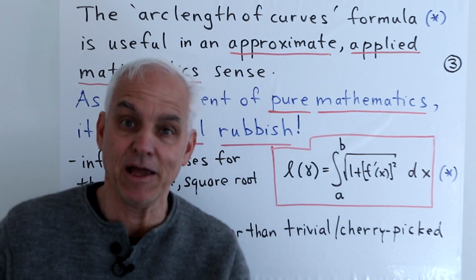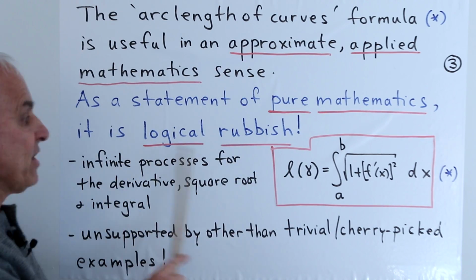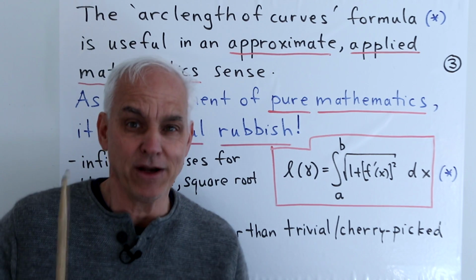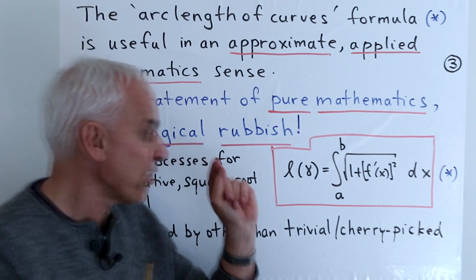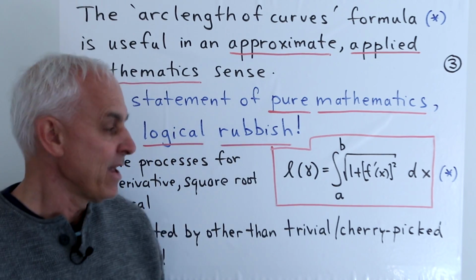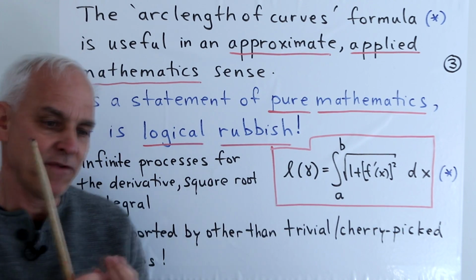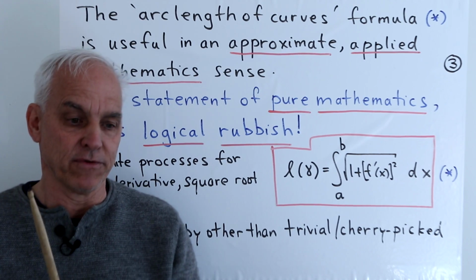But in the pure direction, as a statement of pure mathematics, this is actually logically rubbish. To be quite honest with you, that's really what it is. It doesn't make sense at 3 different levels. It doesn't make sense because of the derivative. The derivative involves something that you actually cannot do, the current notion of derivative.